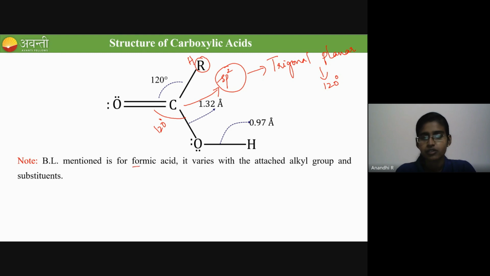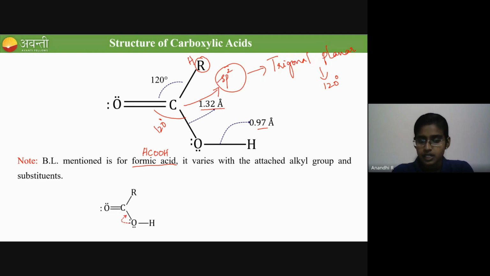So the formula for formic acid is HCOOH. The bond length varies slightly with the attached alkyl groups and substituents. Okay. If the R group is methyl or ethyl, then we would have some difference in the bond length, which I have given here. Got it? So this is for formic acid.